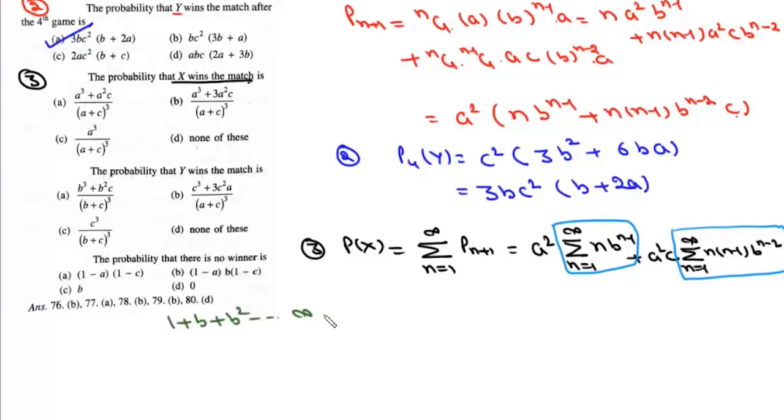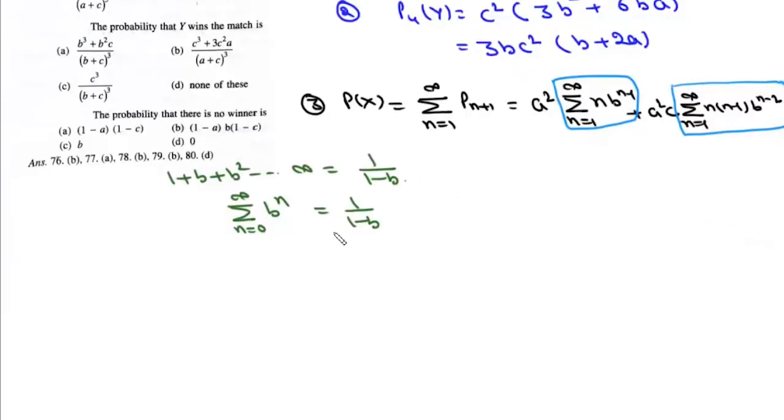Now if we look at the series 1 plus b plus b square up to infinity, we know that this is 1 upon 1 minus b, or we can write this as the summation of b to the power n, where n varies from 0 to infinity. It is 1 upon 1 minus b. Now we differentiate both sides with respect to b.